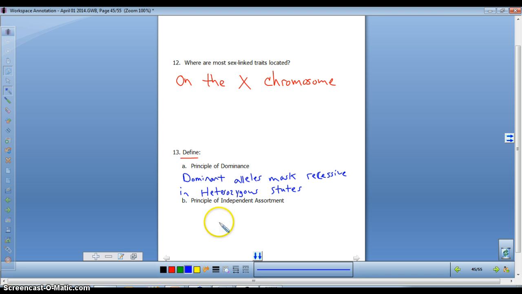Independent assortment. Alleles separate independent of each other during meiosis.